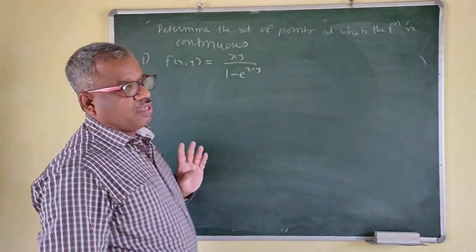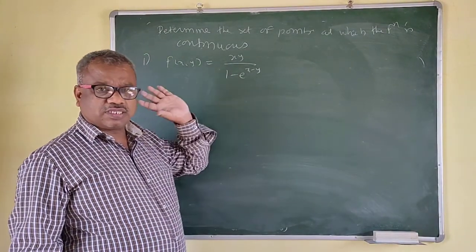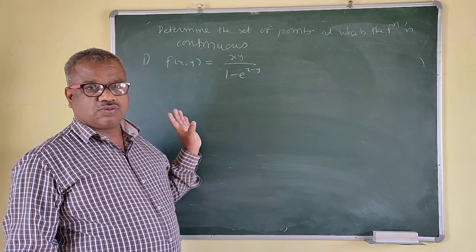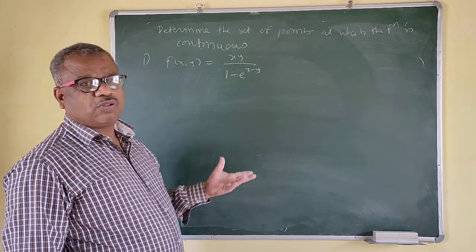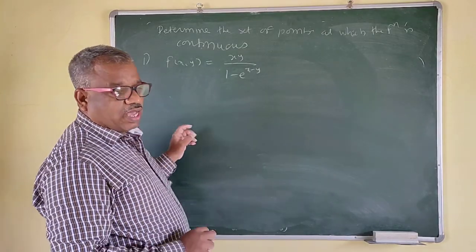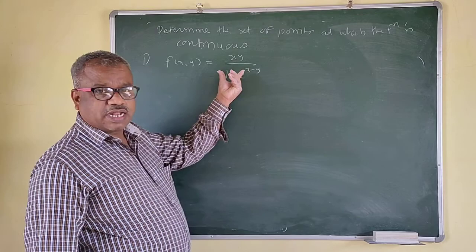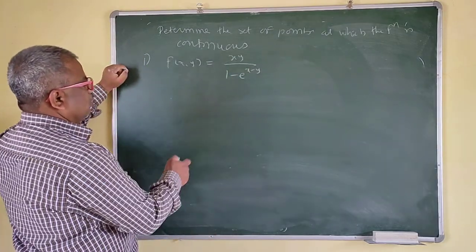The denominator should not be 0. So write the values of x and y such that your denominator is not equal to 0. That means exclude that point. That point should not be included in your domain. So we are finding the x and y such that your denominator is 0 and excluding that point.